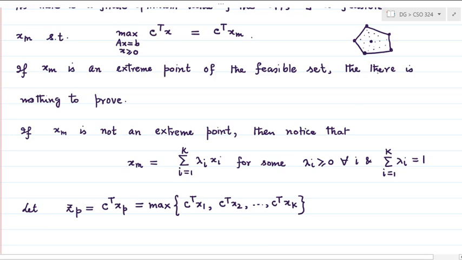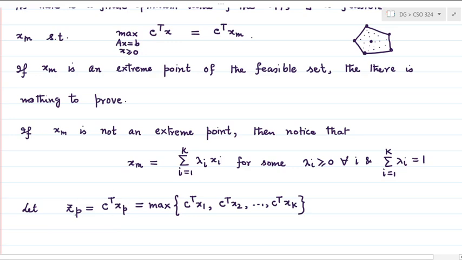Fine. So you find the objective function value at this vertex, at this vertex, at this vertex, and all these vertices, and you take the maximum value of all the objective function values. As these are finitely many, k many real numbers, they will have a maximum, and we denote this maximum as c transpose xp, and that c transpose xp is equal to zp.